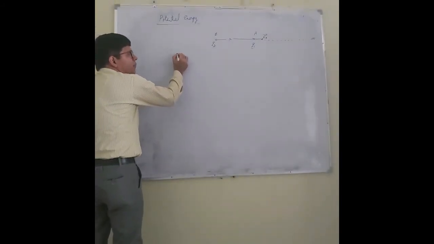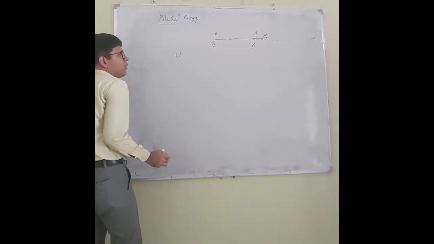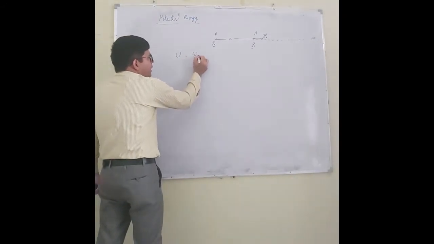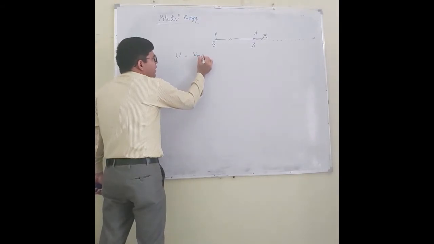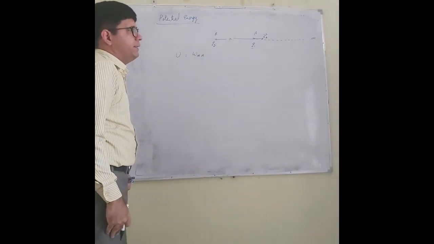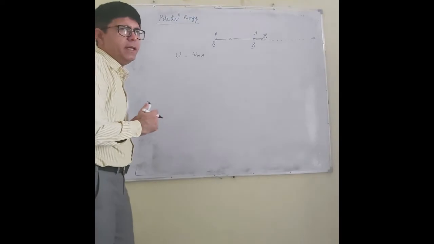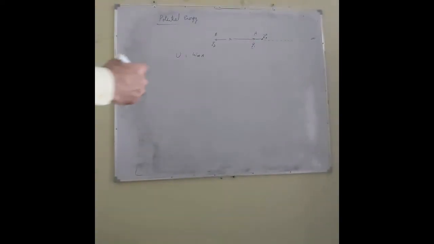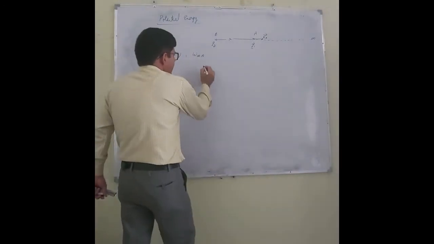So potential energy, how can I define the potential energy? Work done from infinity to point A. And how can I calculate the work done from infinity to the point A?